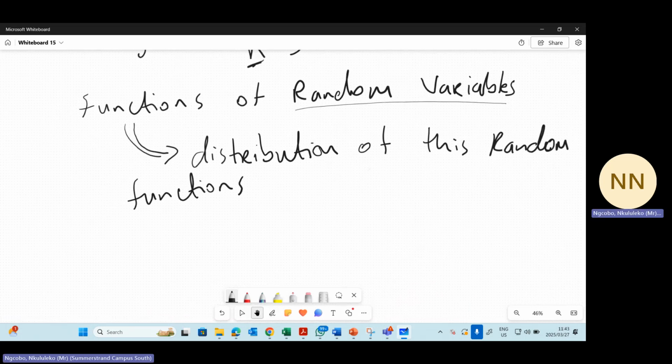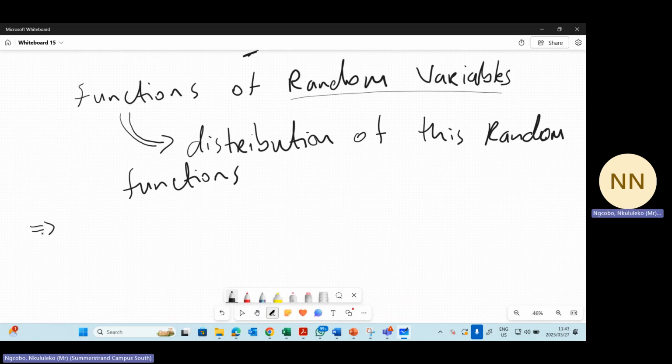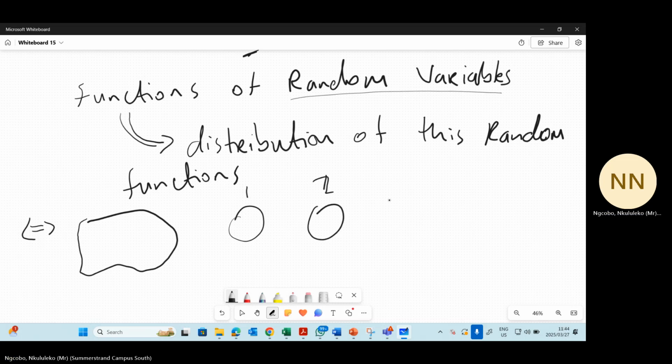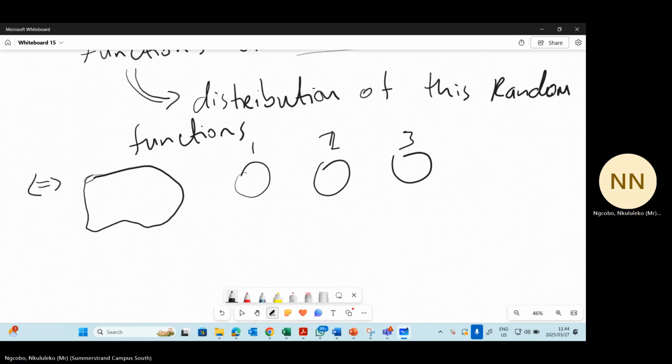So why are we interested in finding the distribution of these random functions? It's because from one population, you can have multiple samples, right?